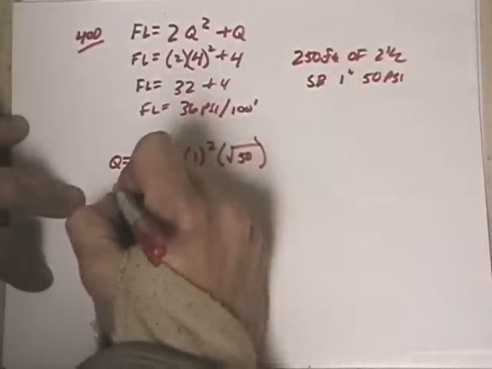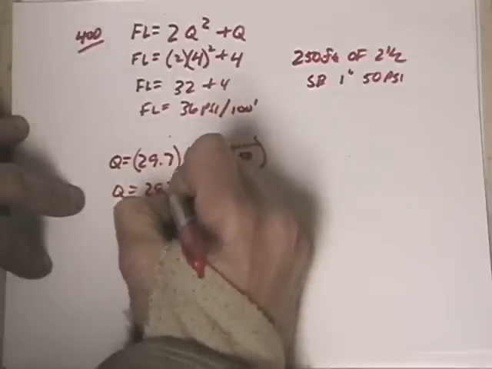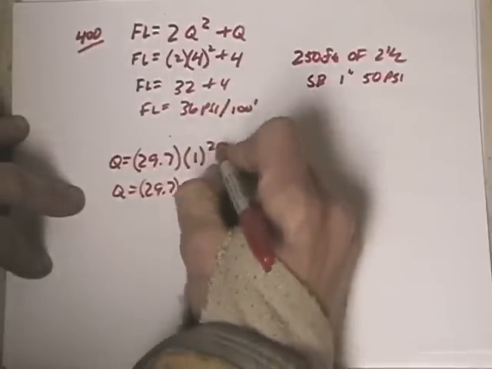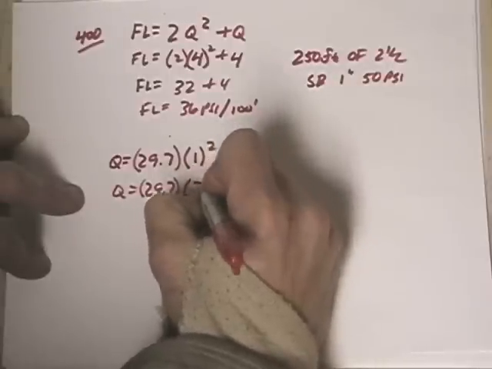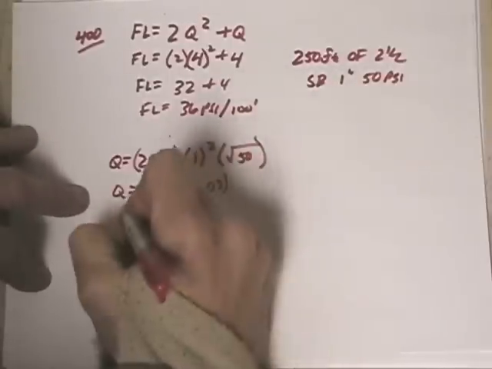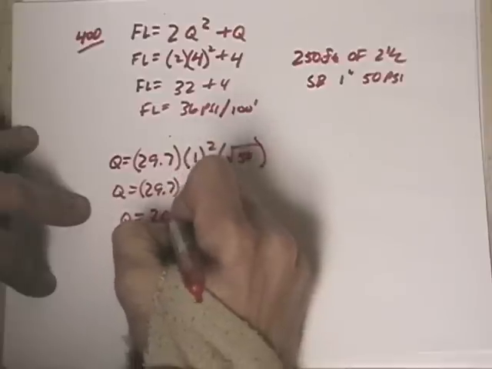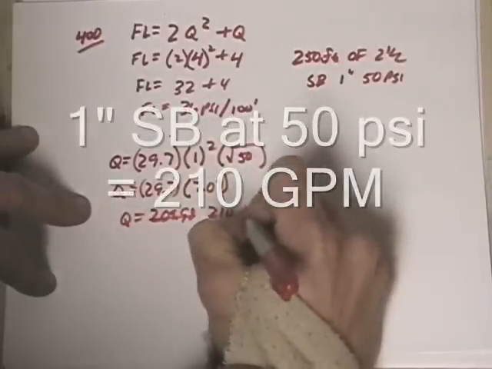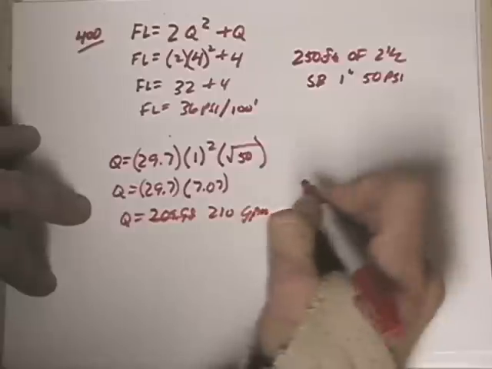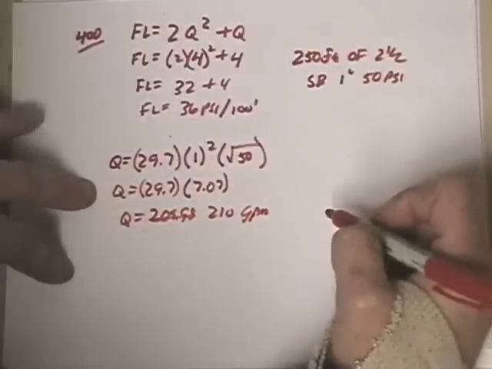When we calculate that out, we have 29.7 times 1 times 1 squared is 1, and the square root of 50 is 7.07. And when we multiply that out, we know that that's flowing 209.98 or 210 gallons per minute.